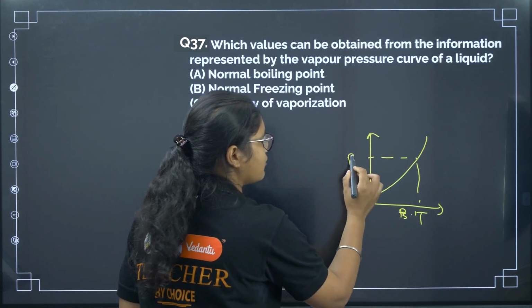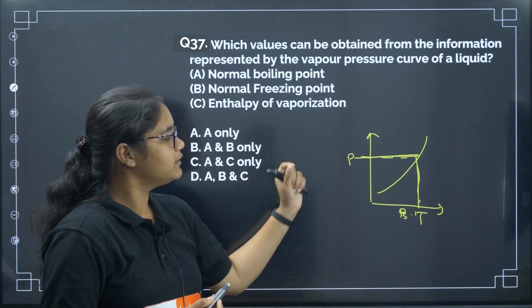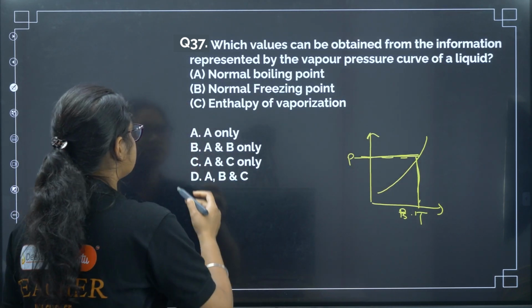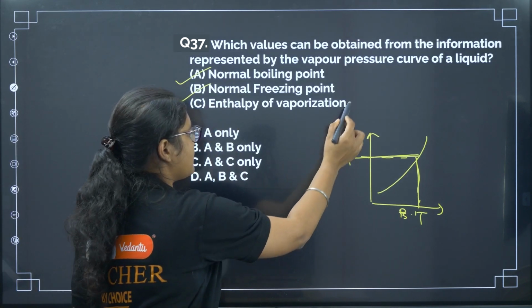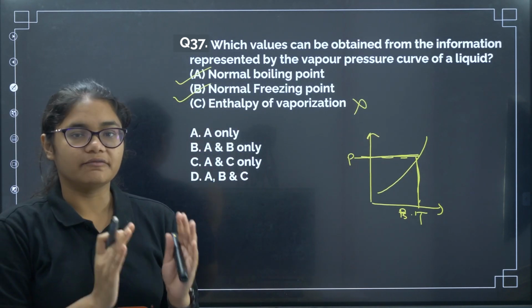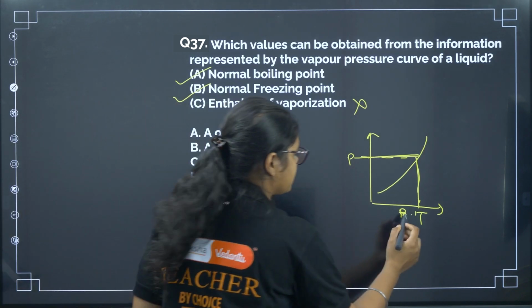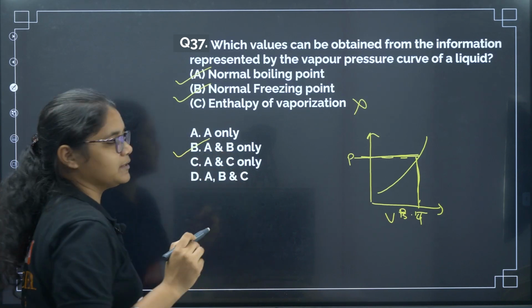So at normal pressure, what is the boiling point we can calculate, and similarly we can calculate the freezing point at the normal pressure, right? So the correct answer for this question will be normal boiling point and normal freezing point. There is no data about enthalpy of vaporization in the vapor pressure curve. So the correct answer will be A and B, that is option number B.